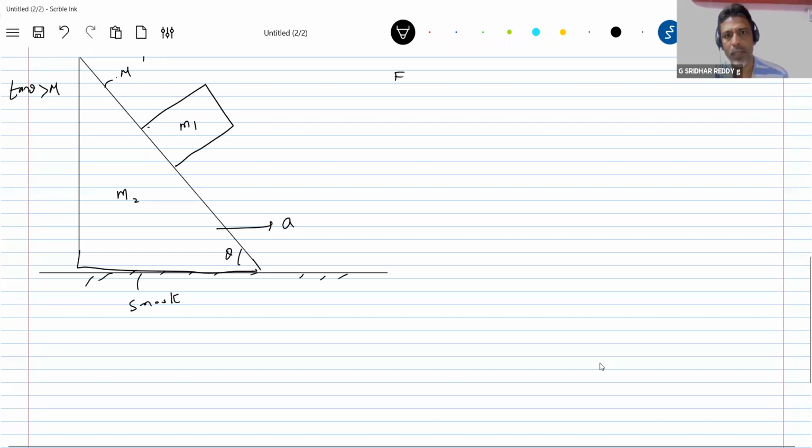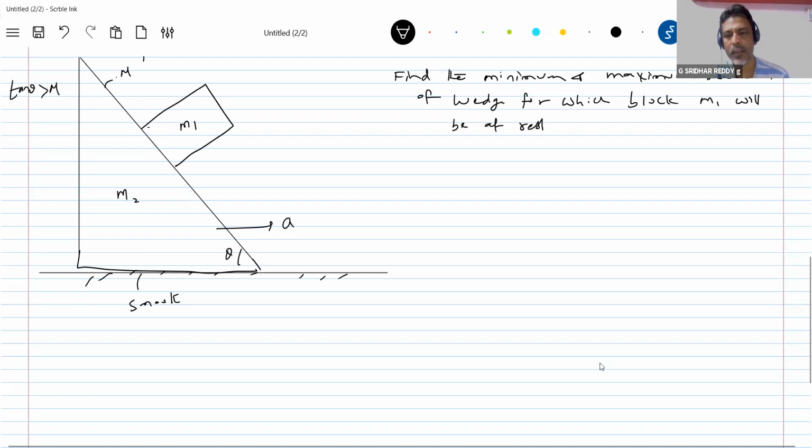Find the minimum and maximum acceleration of the wedge for which block M1 will be at rest with respect to wedge M2. Tan theta is greater than mu.